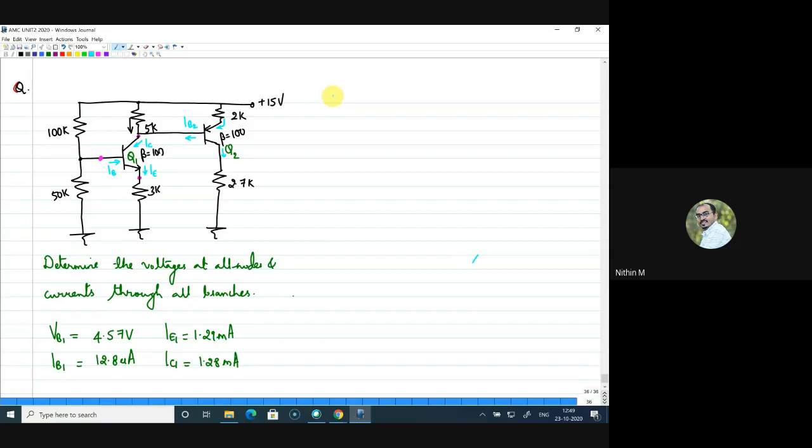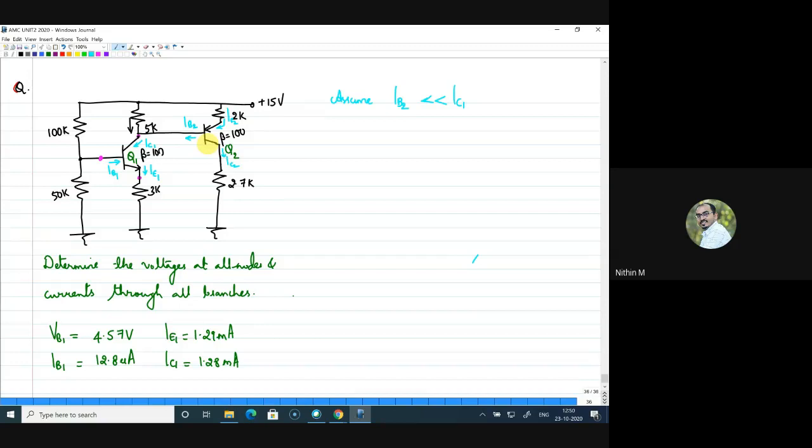as a first step, I'll assume IB2, which is flowing from the base of the second transistor, is much smaller than IC1. So this is IC1, IB1, IE1. This is IE2, this is IC2, and this is IB2.